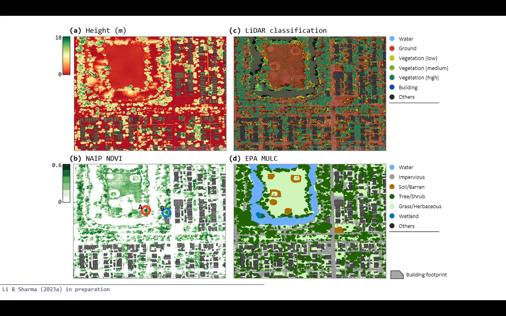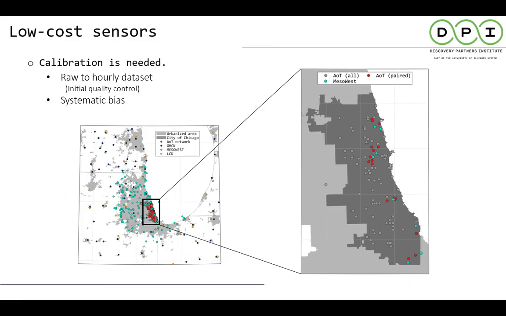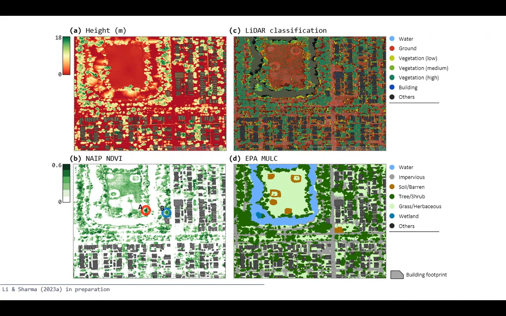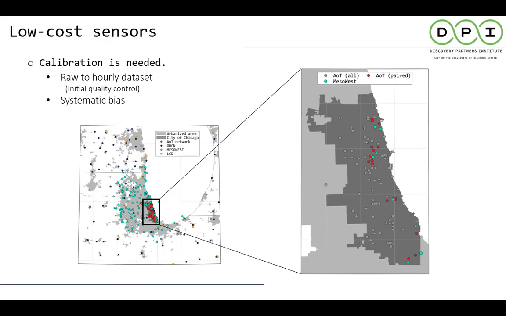And we also compare the data to the LiDAR classification and get an NDVI from the multi-spectrum satellite image and also the meter-level urban classification. In this case, we build all the data sets that need to be used in the machine learning algorithm.